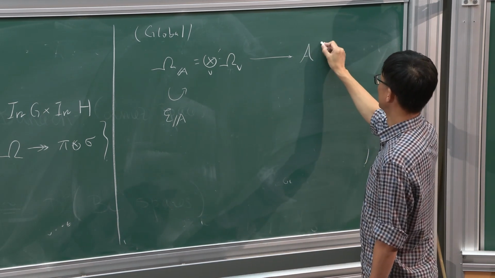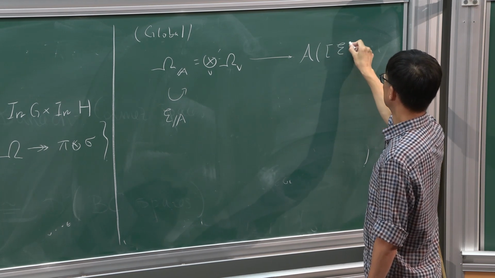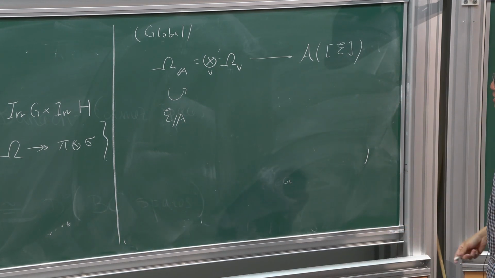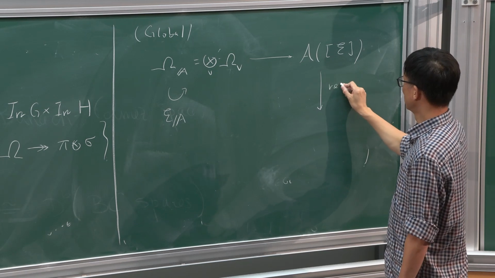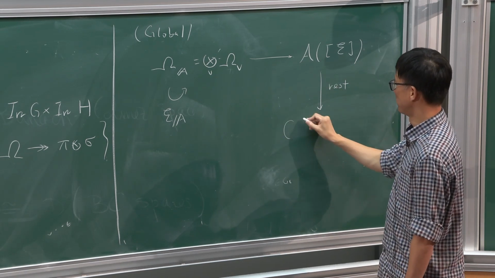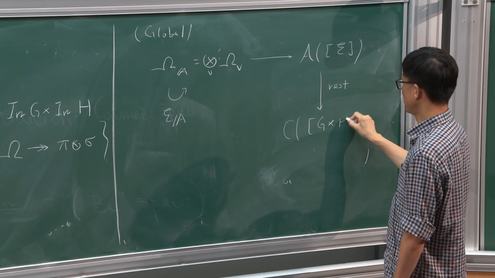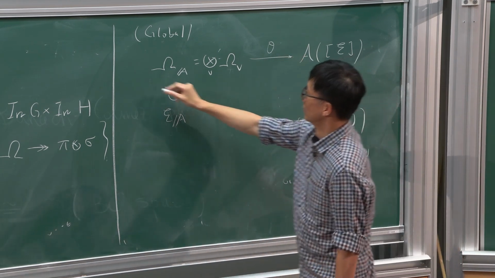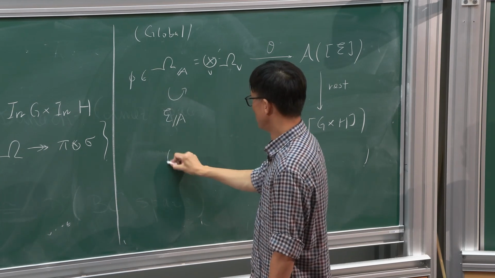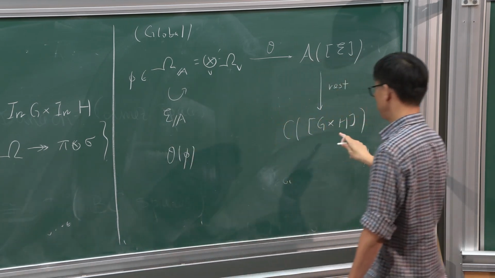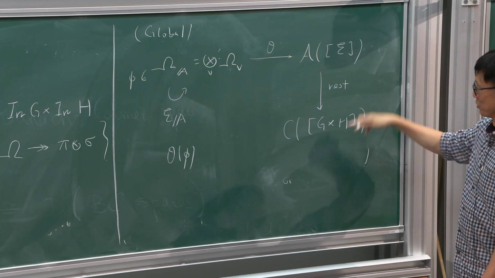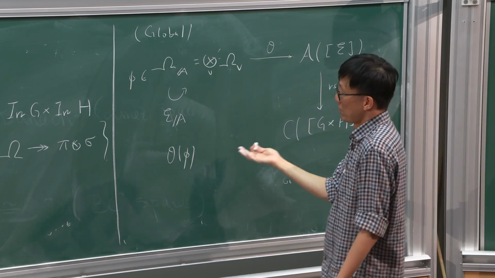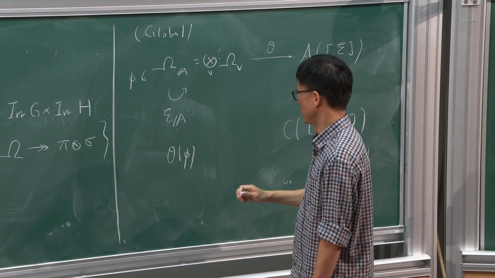So let's say you have an equivariant map to automorphic forms on E, and then you can restrict to get functions on G and H, and then if you call this theta for element phi, after you restrict to G cross H, you have a function in two variables, and you can use it as a kernel function.